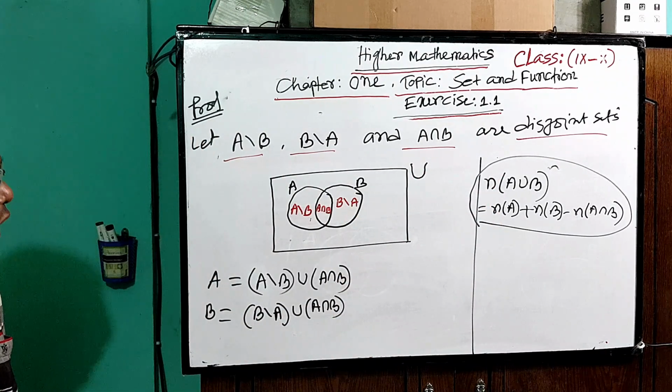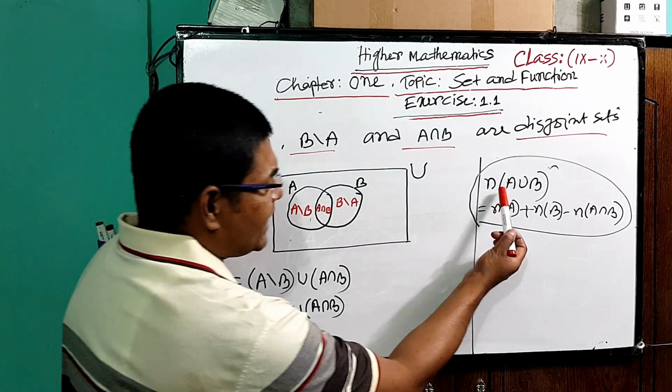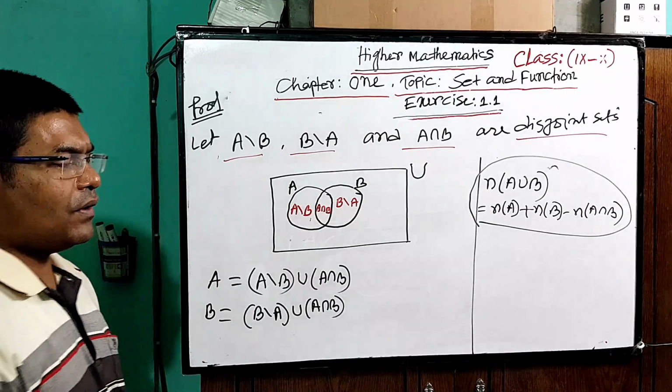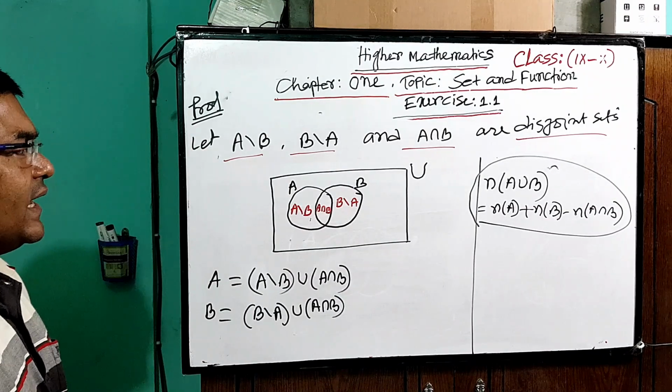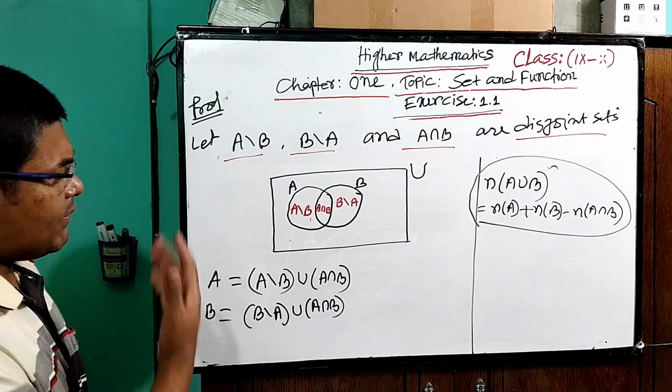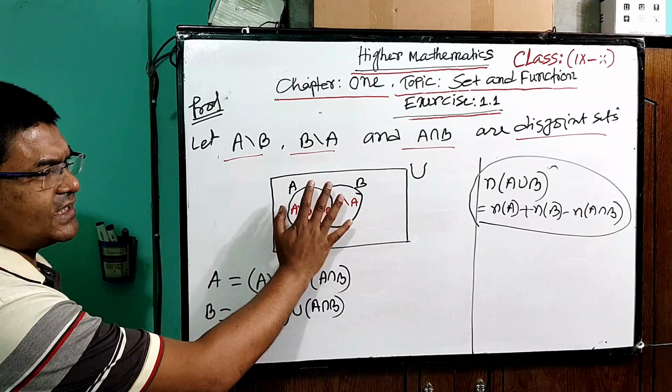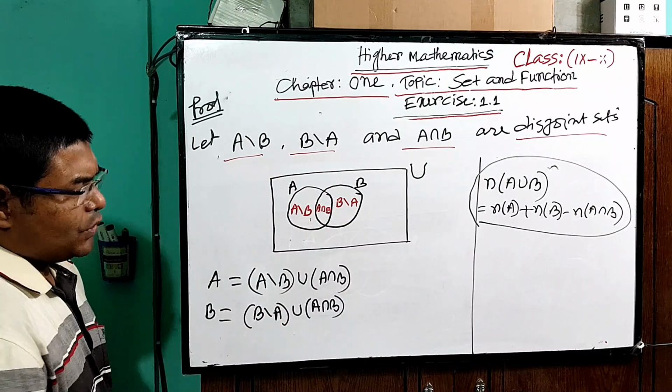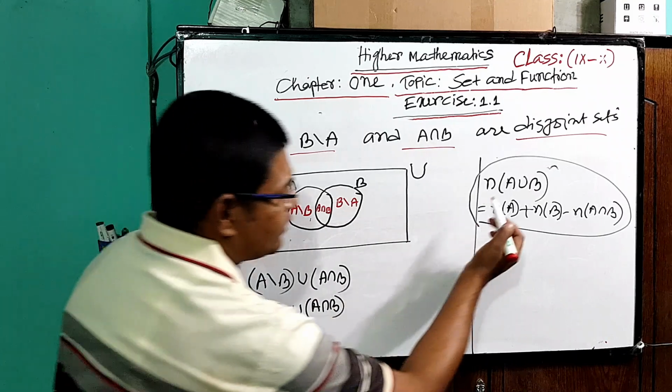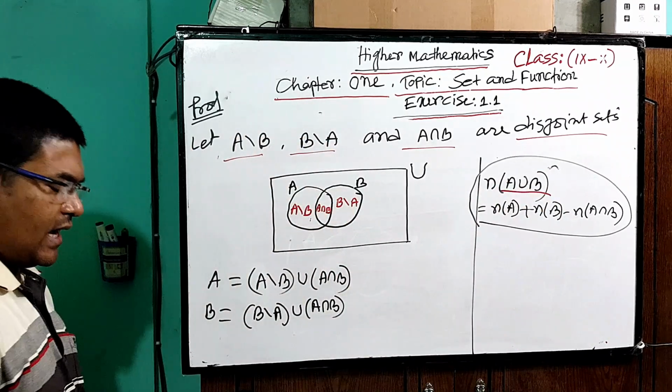Already we have got A and B, but here is A union B, so you have to find out A union B. We have no need of the figure just now. After completing this, we have to go back to the calculation.